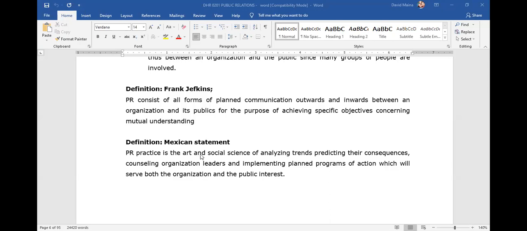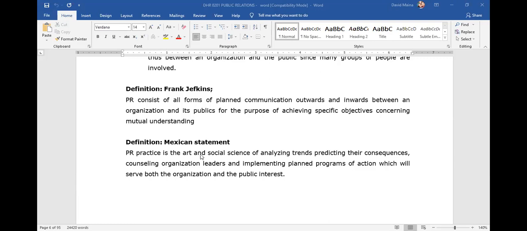And we call them publics of public relations. We also have suppliers. We also have distributors. And we also have people like consumers. We also have stakeholders. We also have trade unions. All those are what we call the public.